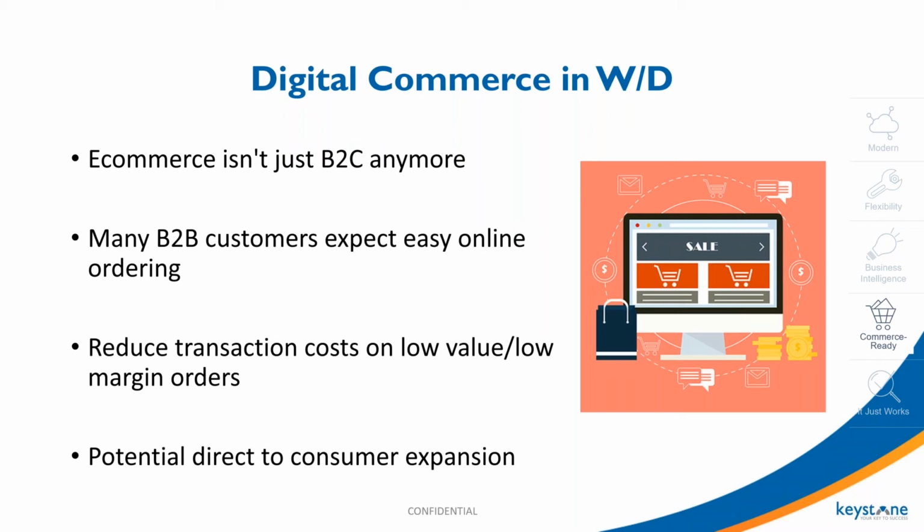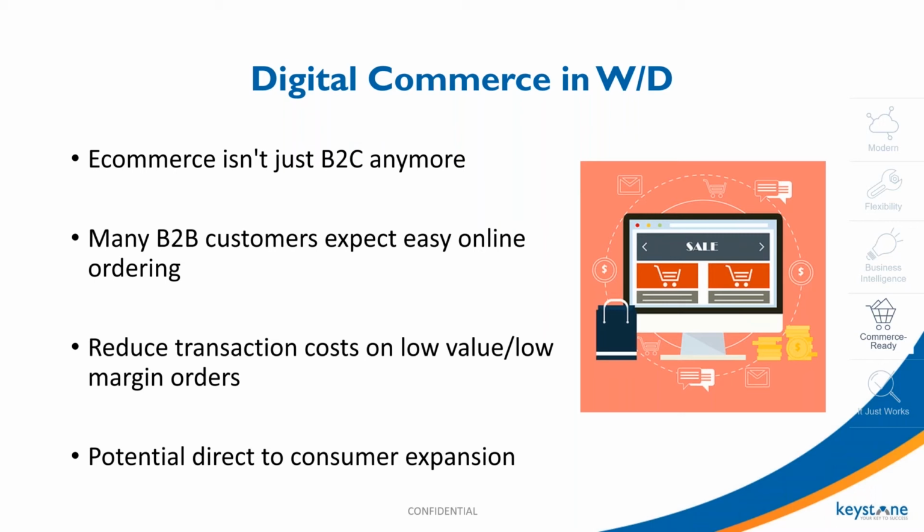So having an e-commerce capability for a distributor means you can push those lower value, run-of-the-mill transactions through that more automated e-commerce process. You're actually providing your customers the experience they prefer, not having to call and interface with a sales rep. And you're actually going to improve margins because sales rep time is valuable.